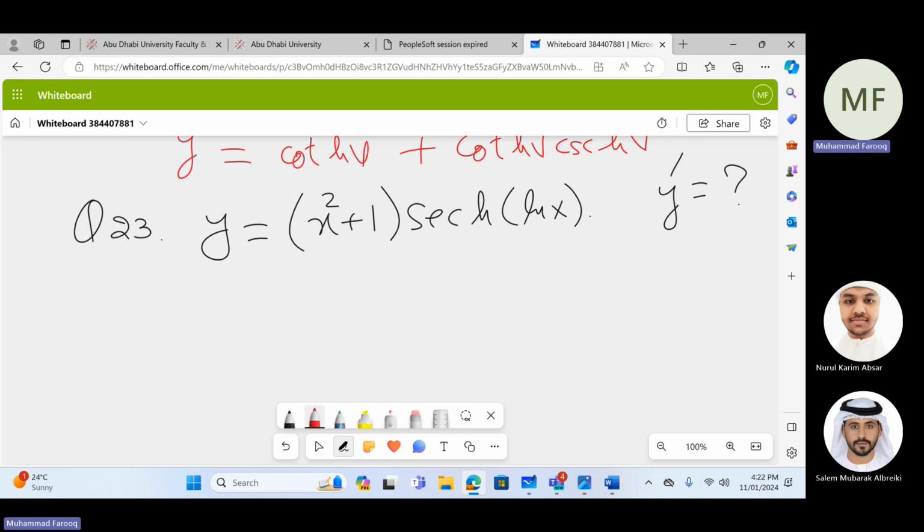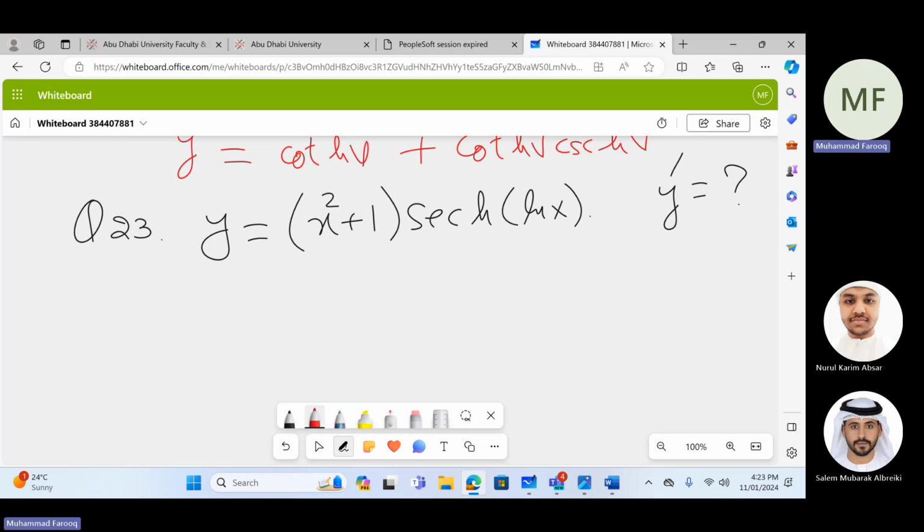By the way, you can differentiate without this conversion, since you have the formula for secant hyperbolic, but if you use the identity, your answer becomes more precise and easy.